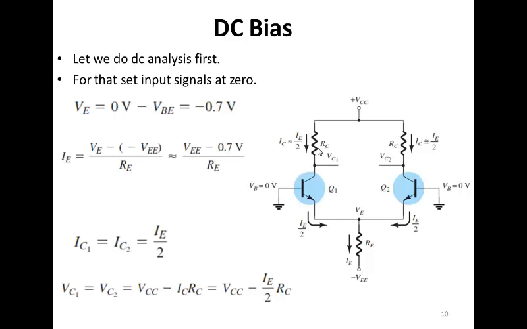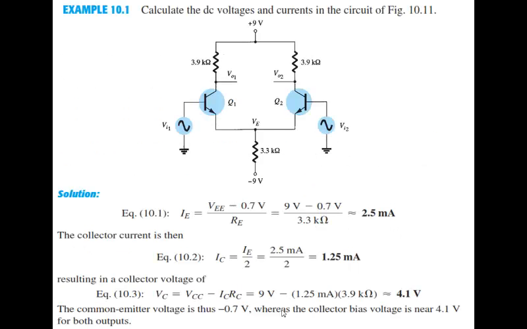VC1 would be equal to VCC minus IC into RC, which is also equal to VC2. VC2 is also equal to VCC minus IC RC, where IC is equal to IE by 2. Next we see an example in which these component values are given.